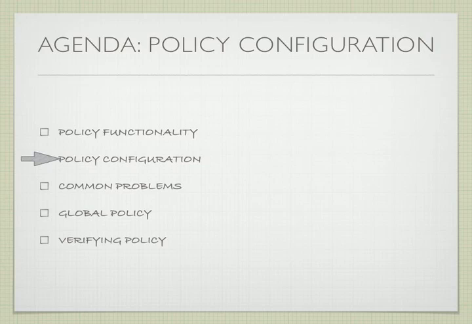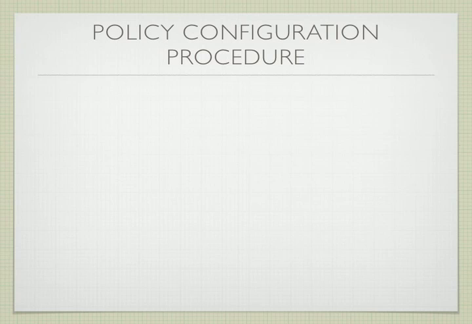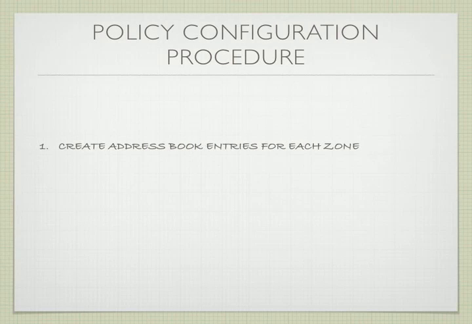Okay, so on this session, we're going to look at how to configure those required elements of a basic policy. There is a procedure then that you're going to follow. You're going to create any address book entries you need in the zone where the addresses occur so that you can use them in the policy.